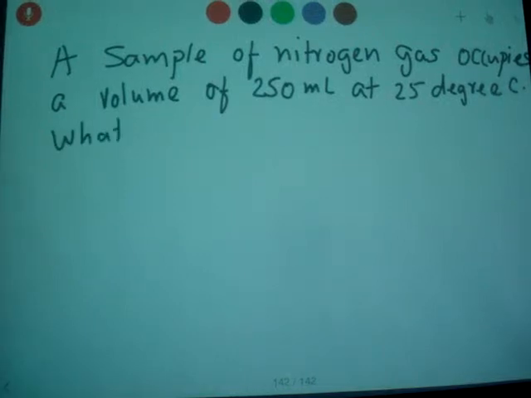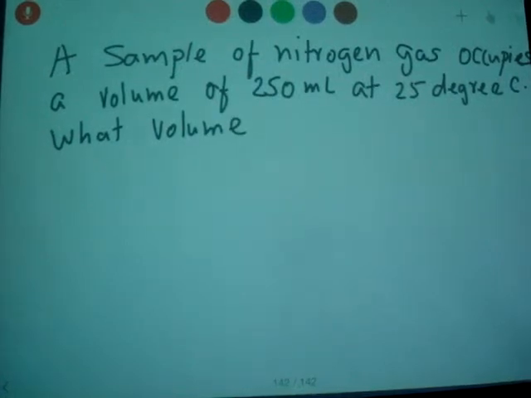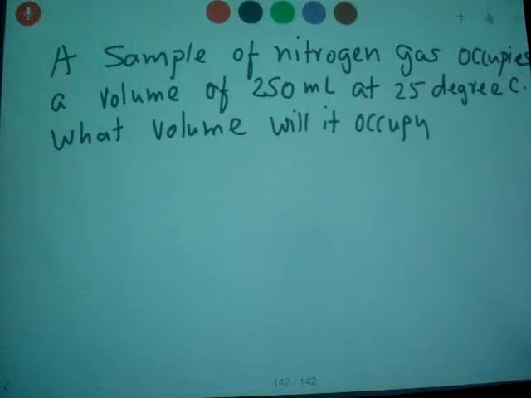What volume will it occupy at 95 degrees Celsius?